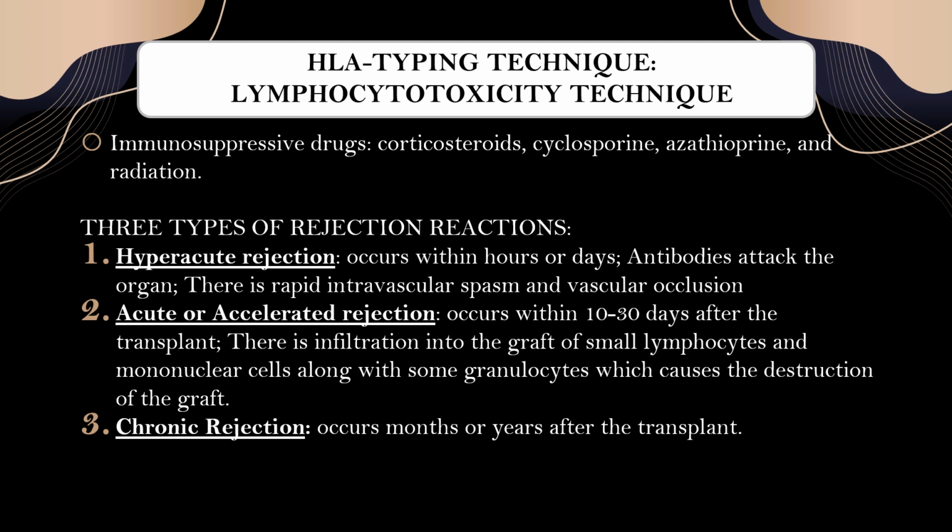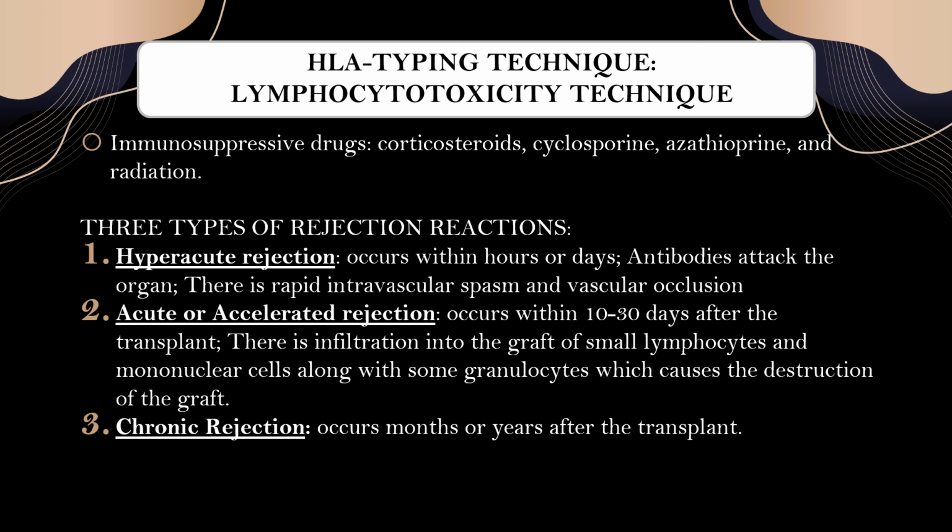Number two is acute or accelerated rejection, and it occurs within 10 to 30 days after the transplant. Unlike hyperacute rejection, accelerated rejection is mainly due to sensitized T lymphocytes, which means this is a cell-mediated immune response.